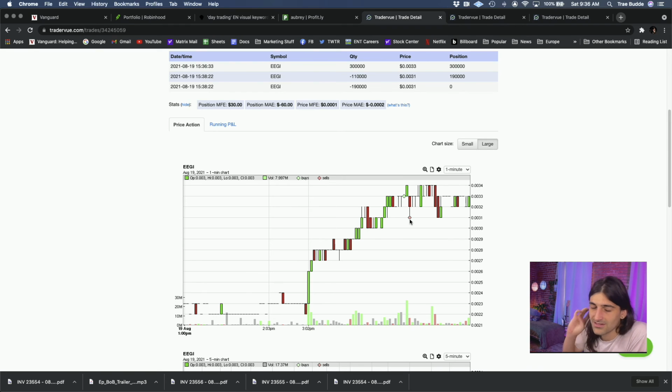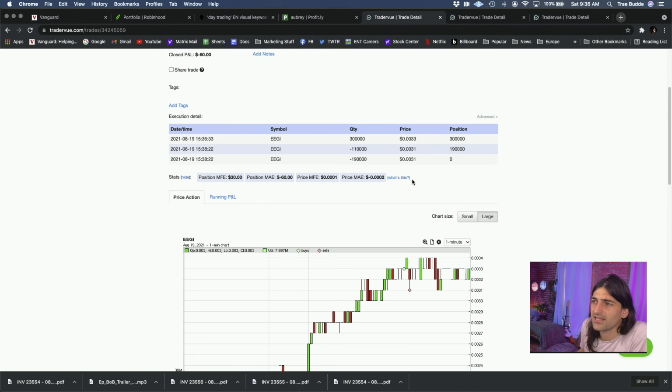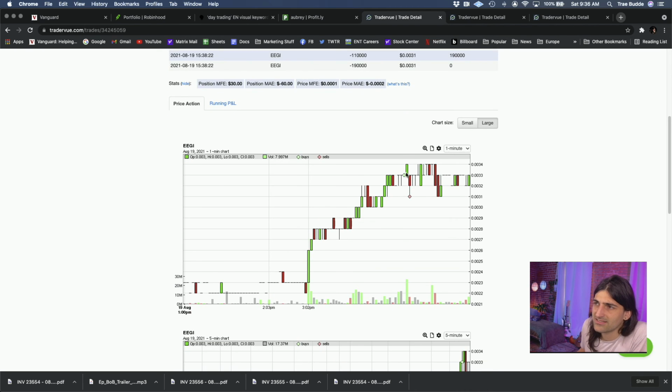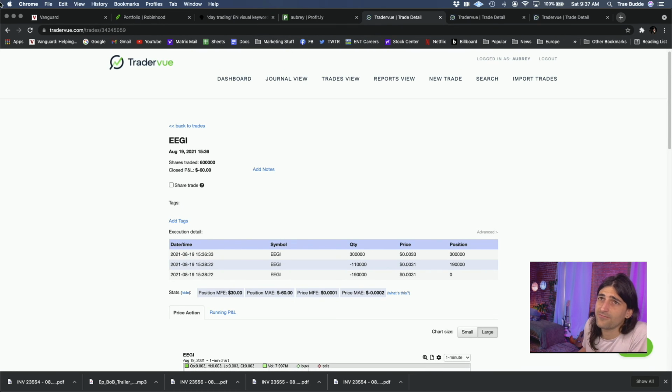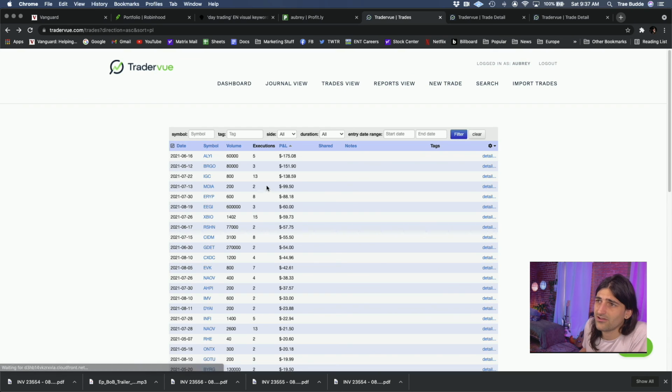But that remedied itself the other day when we played, I forget which ticker it was, but it was the same sort of thing where I took a position and I knew there was a level below me, and instead of getting shaken out, I waited because I saw this happen last time. So I put a limit sell here at my profit target, and I ended up closing that out for about a $30 profit or so.